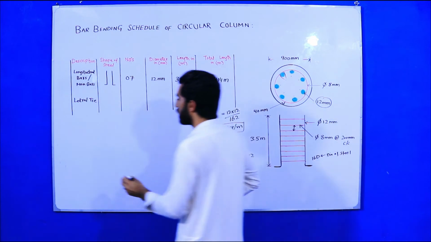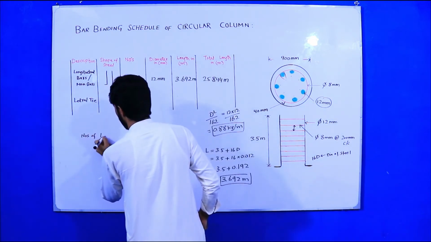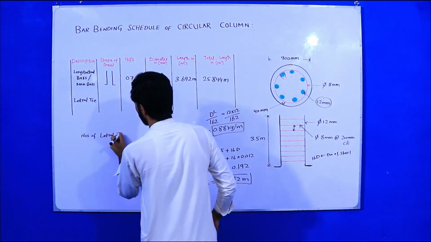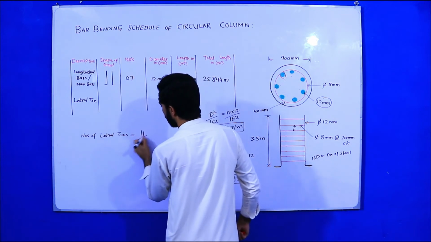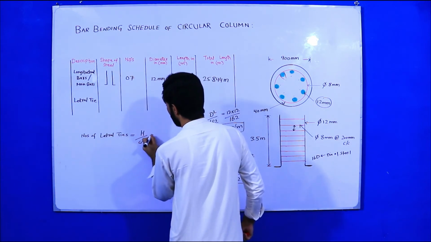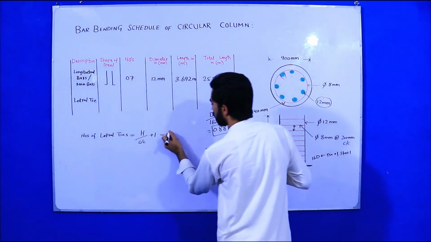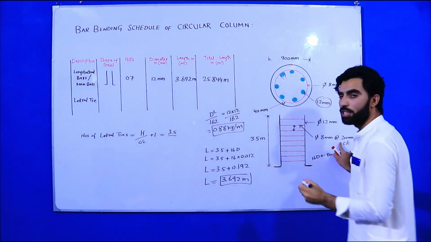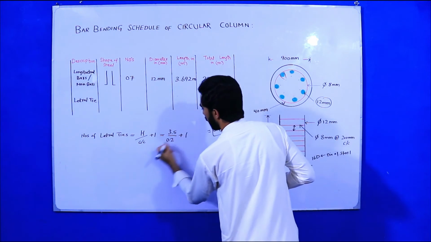Number of lateral ties is equal to height divided by spacing plus 1. The height is 3.5 meter, and the spacing is 200 millimeter, which becomes 0.2, plus 1.